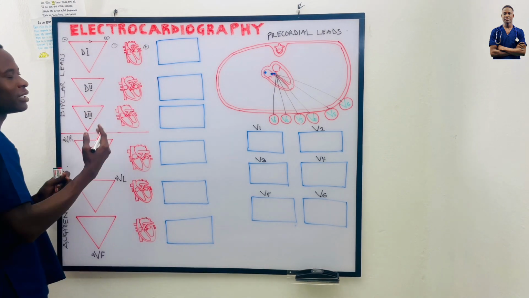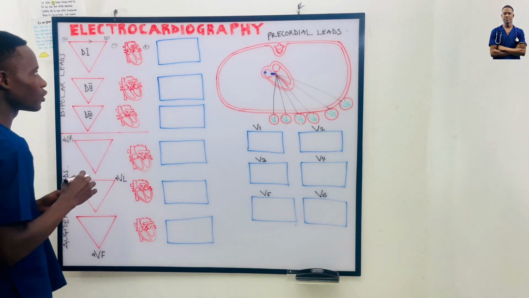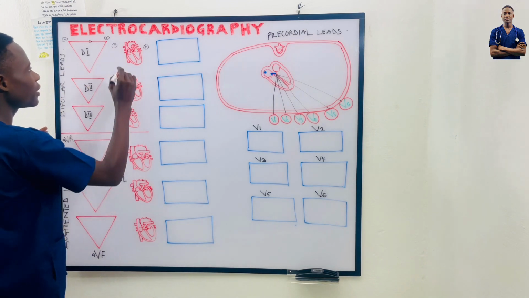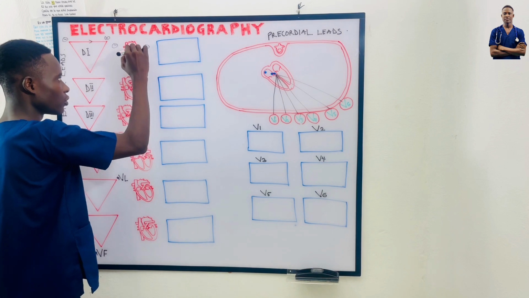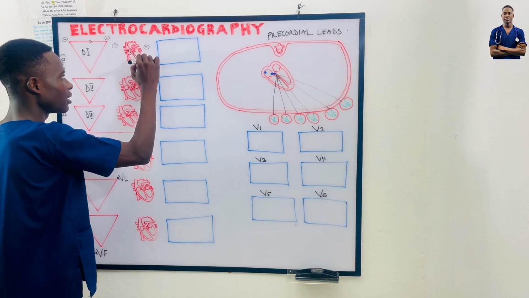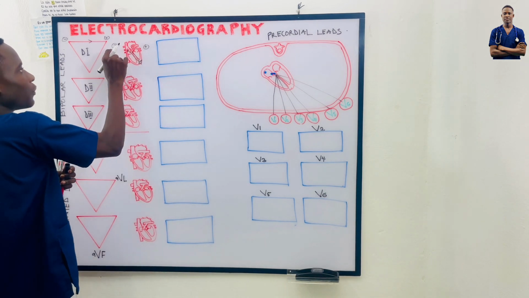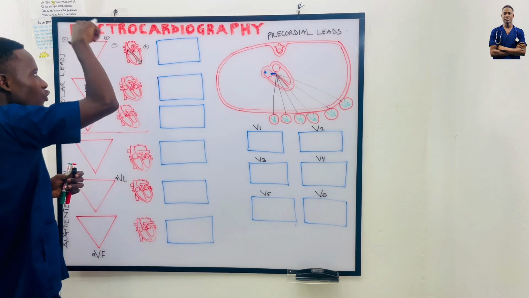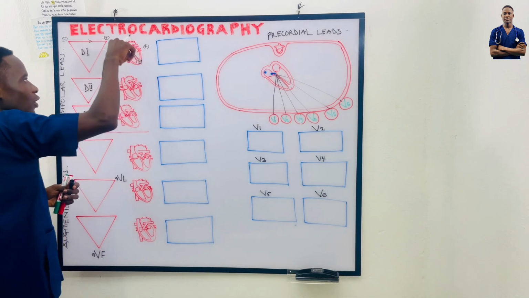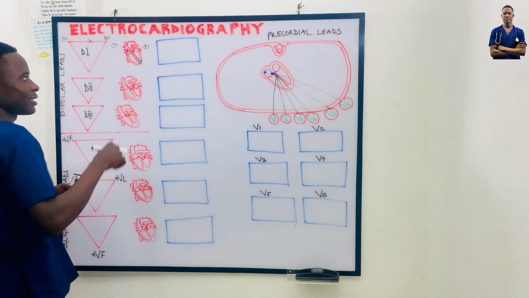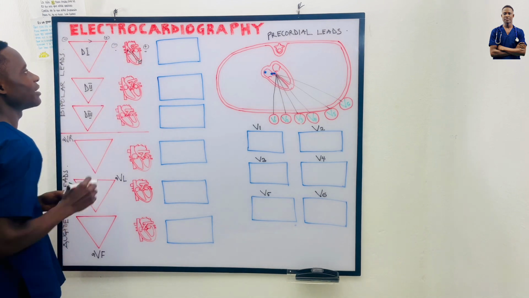We generate the action potential from the sinus node. From the sinus node, the action potential generated must move towards the apex of the heart. When the vector moves downwards to the ventricle, it gets closer to the positive more than the negative.